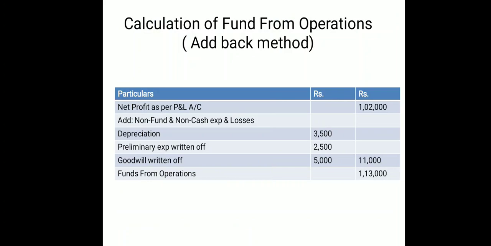We had only the non-fund and non-cash expenses or losses, that is depreciation, preliminary expense, and goodwill written off. Considering these three, net profit 1,02,000 plus these three items, which total 11,000, gives the final fund from operation of 1,13,000.